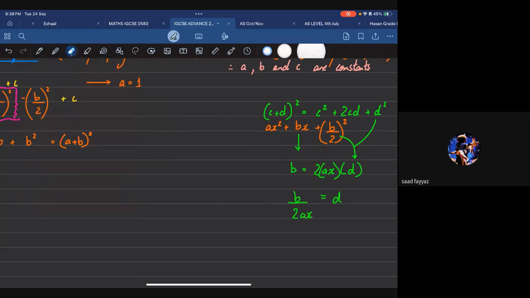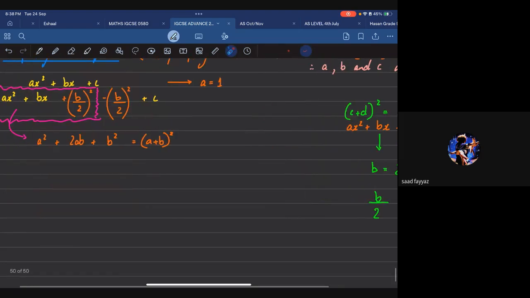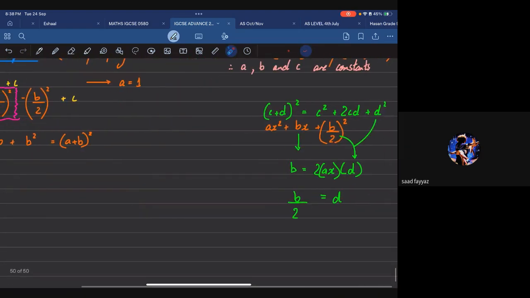Because obviously we are not concerned with them. In order to find this third term, because the third term is a constant term, I have removed ax from it. B over 2. But obviously, I need to find the square of it over here, so that is why I add b over 2 whole square.